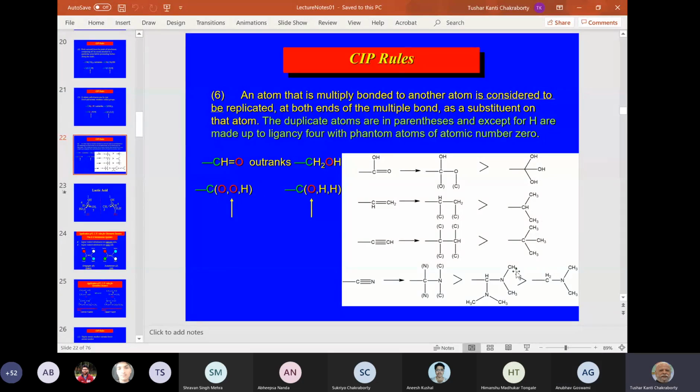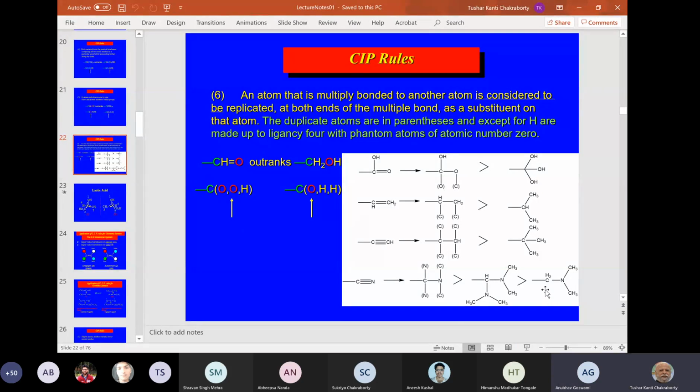Slightly similar is here. For example, in this substrate at the bottom, you can see that you have a CH2. Obviously this carbon here has two nitrogens, but here you have two hydrogens. In sec-butyl also you have two carbons only. On one side it is C2H5, on the other side it is CH3.